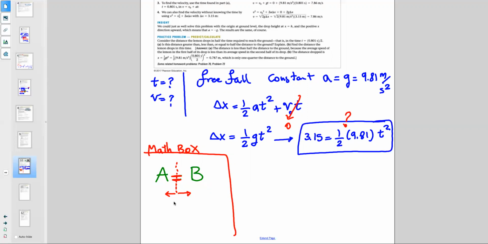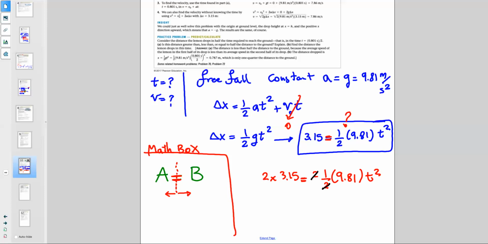So I want to solve this equation for t, but there are some things in the way. If I multiply everything by 2, I have 2 times 3.15 equals 2 times 1 over 2 times 9.81 t squared. So the 2 and 2 cancel out, and the equal sign is still valid.